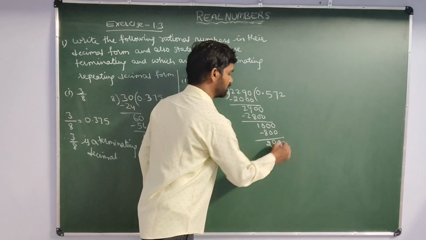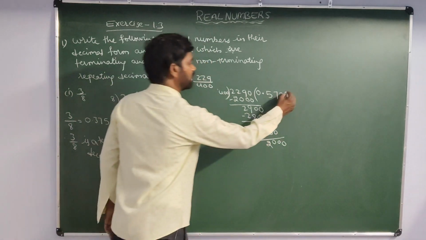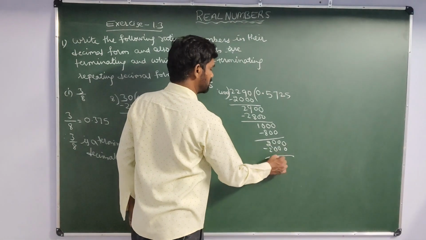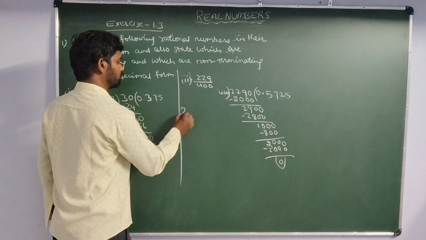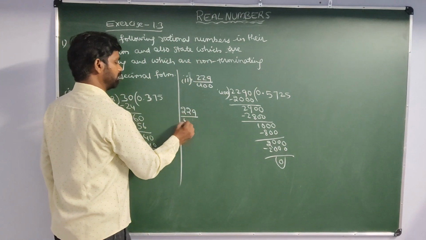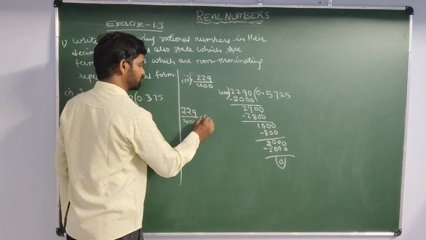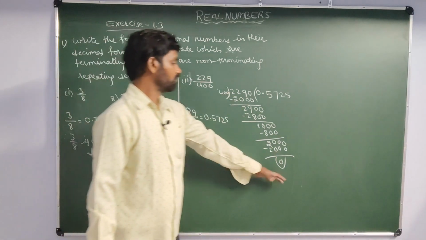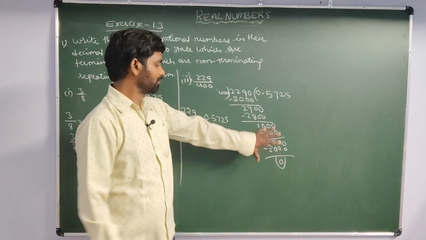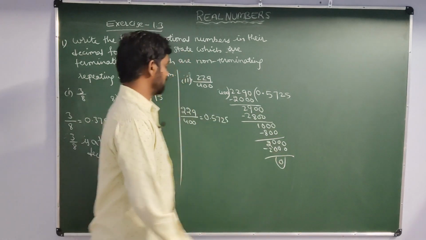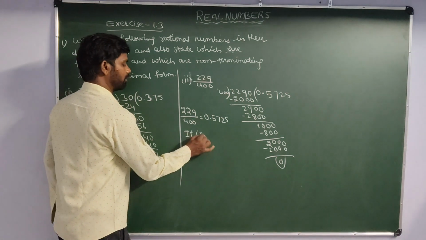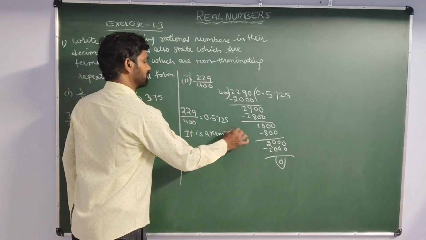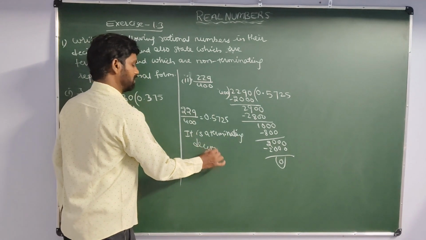Now take 0 here. 400 into 5, it is 2000. So it is 0. Therefore, 229 divided by 400 is equal to 0.5725. Further, we cannot solve; we already got that answer. Therefore, it is a terminating decimal.